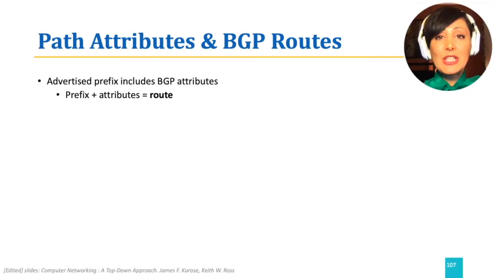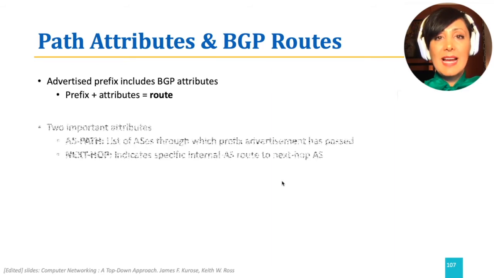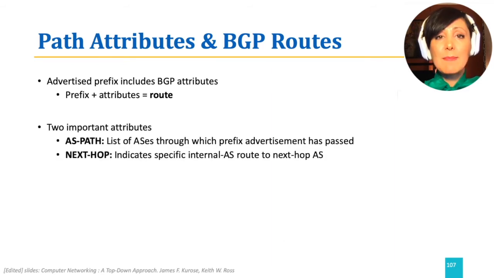The goal of inter-AS routing is to find paths to reach specific prefixes in the network. BGP advertises those prefixes with a set of attributes to maintain them as routes. Two important attributes are AS path and next hop. AS path is the list of ASs through which prefix advertisement has passed, the path vector.